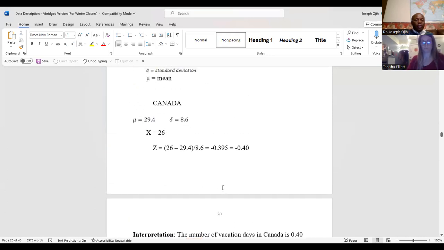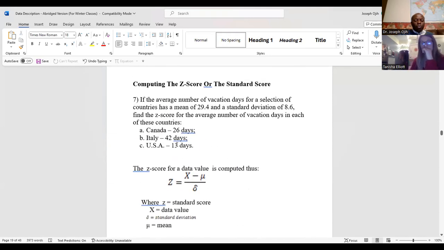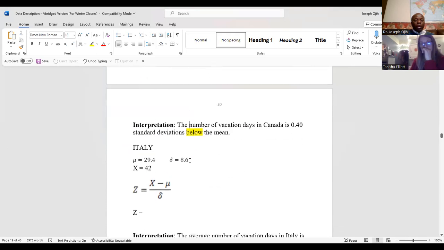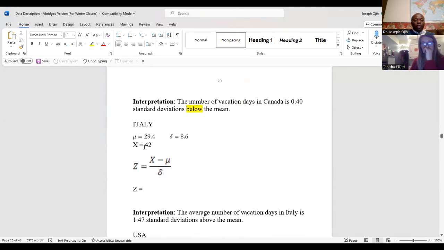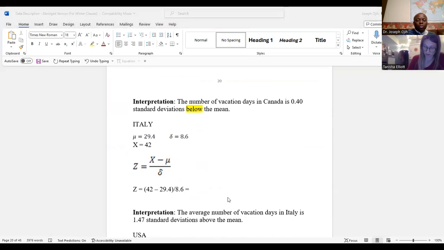For Italy, our X is 42. We do the same thing. So we're going to say 42 minus mean of 29.4 divided by a standard deviation of 8.6. So I'm going to go to the calculator and change that to 42.